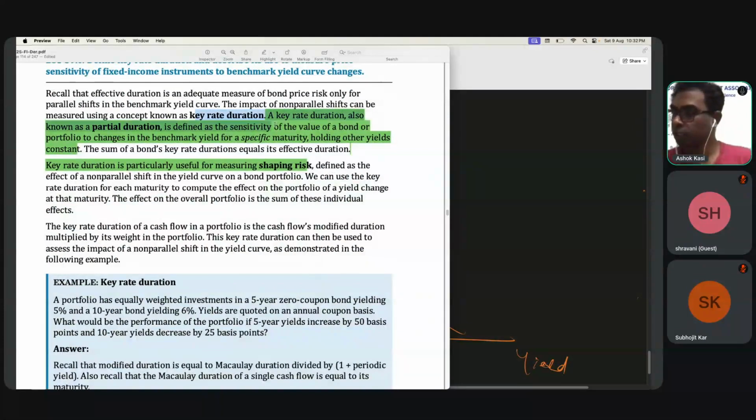This is key rate duration that I was speaking about, which is also called partial duration.